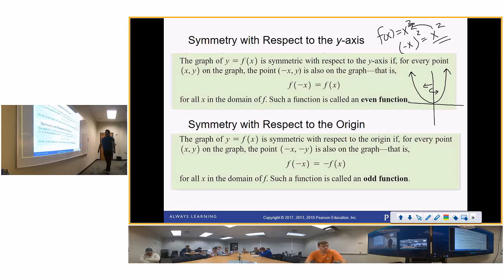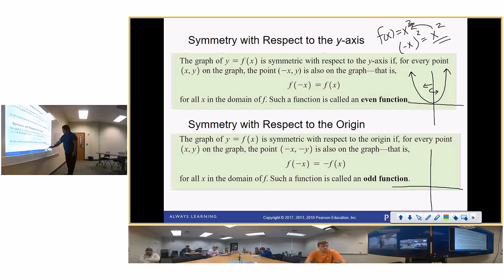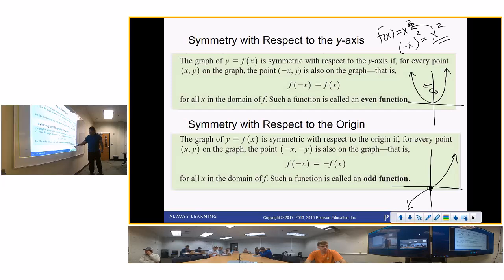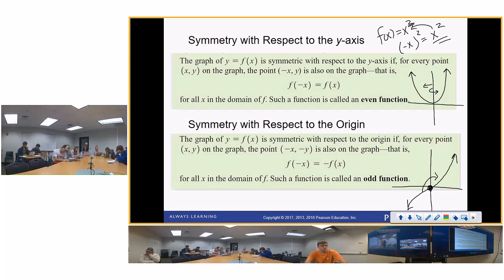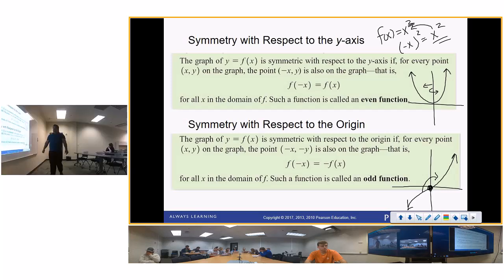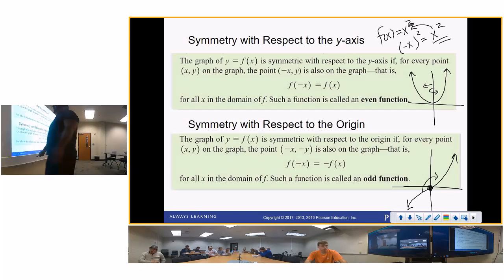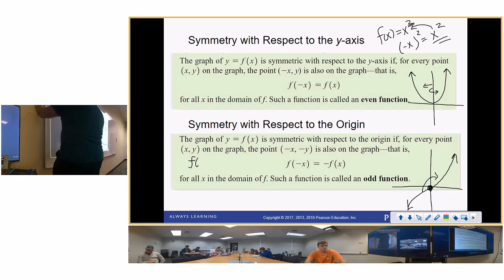An odd function, however, of your family of graphs, what do odd functions look like? It's symmetrical around the origin. So this side looks like that side. Now, what do you have to do there? Well, let's do an example. F of x is equal to x cubed.